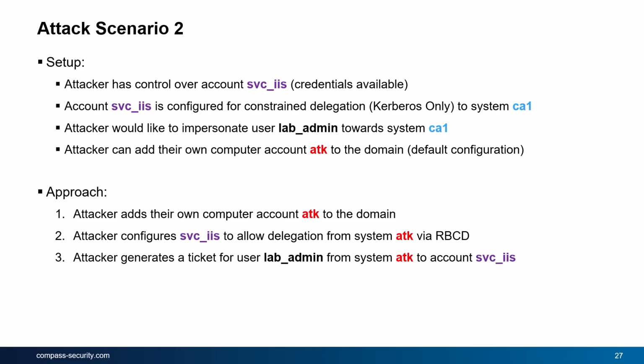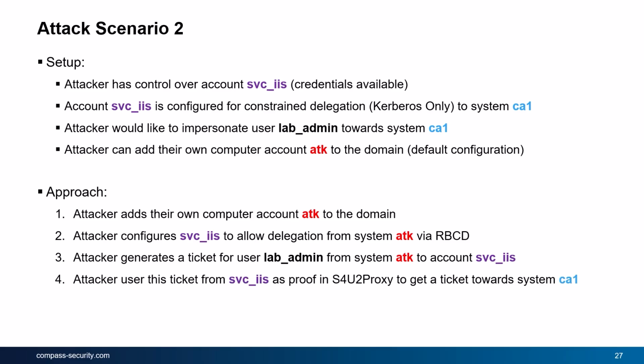Then from this new attacker computer account, we initiate the resource-based constrained delegation mechanism to request a ticket in the name of lab admin for our service account. And once we have that ticket, we can then use it from the service account as proof in the S4U2proxy, so to abuse the constrained delegation that is configured to eventually get a delegation ticket to CA1.